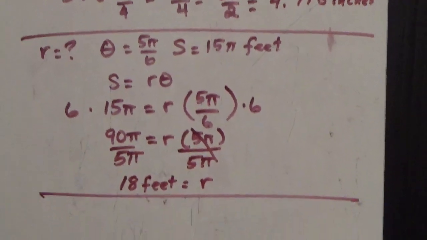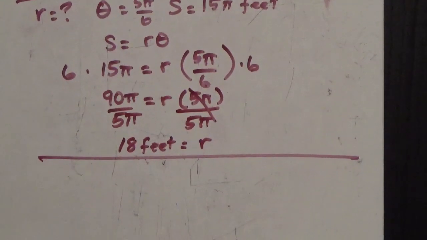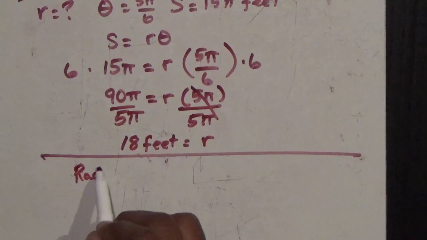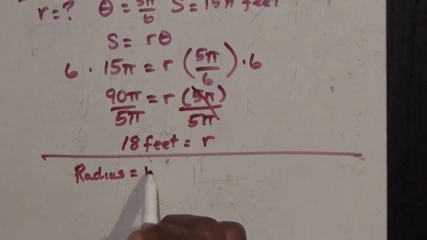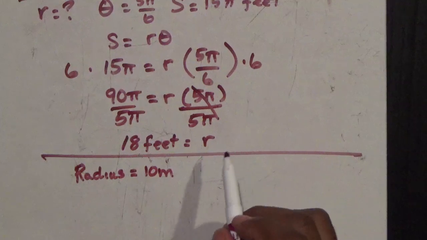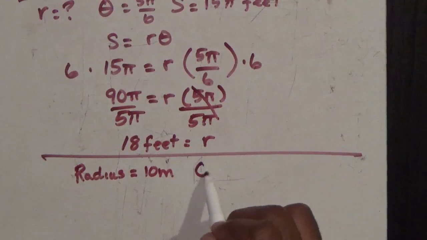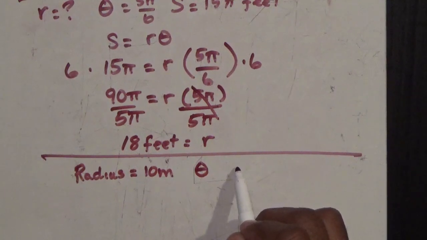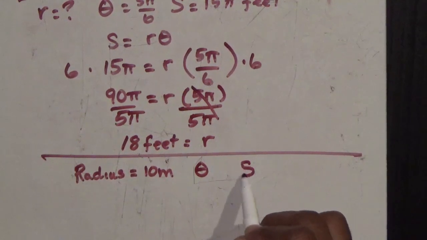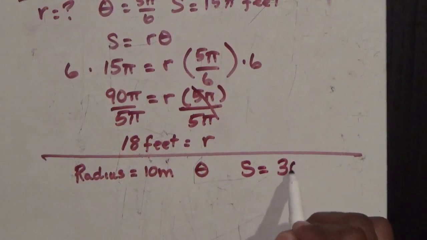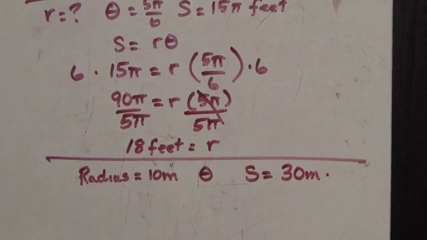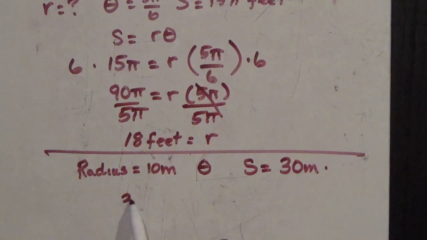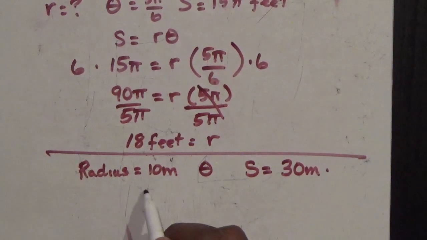And the last one on the sheet, you have a radius of 10 meters, and you don't know theta in radians, but you do know that the arc length is 30 meters. So let's go ahead and write the formula again.